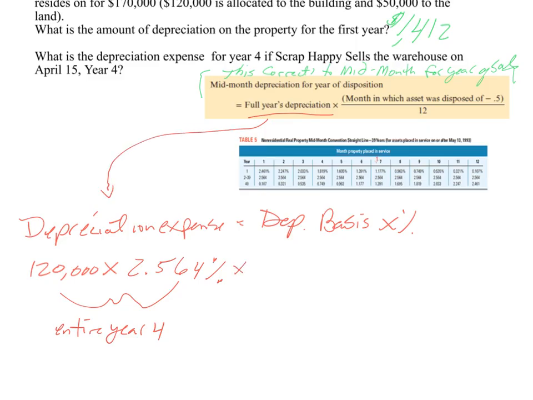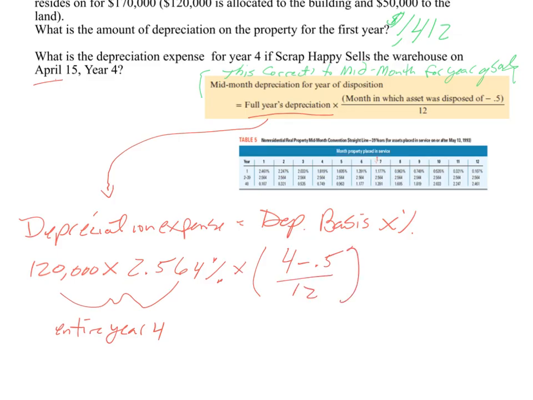So now we need to multiply this by the month in which the asset was disposed of minus 0.5. Well, when did we dispose of that asset? April 15th, okay? And what is April? April is the 4th month. So that's 4 minus 0.5 over 12, okay?